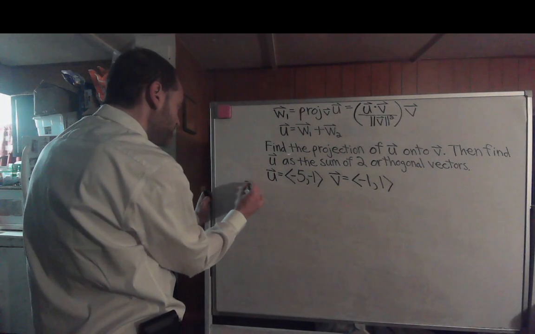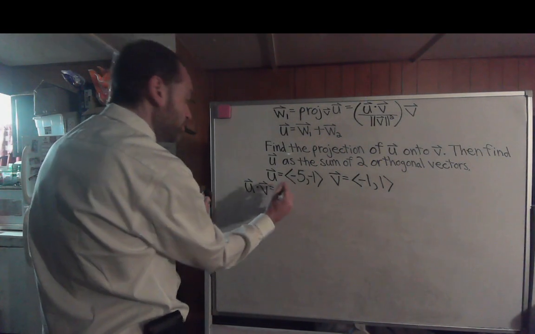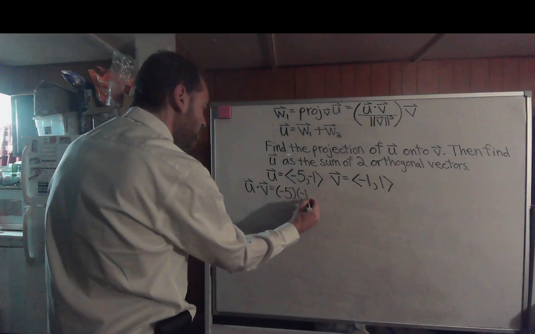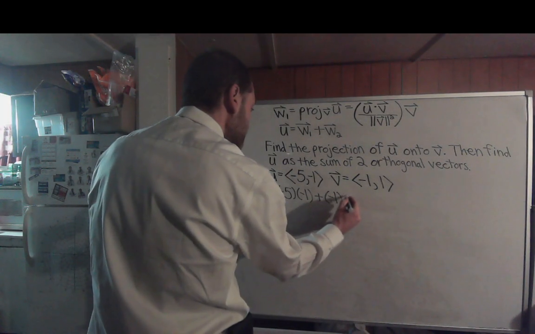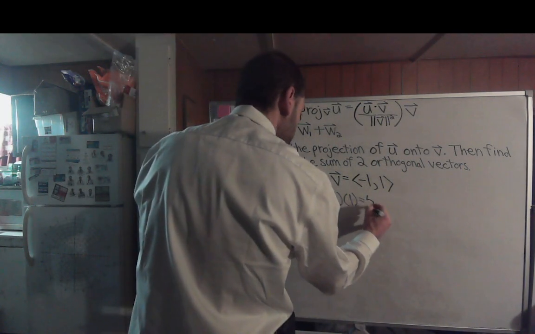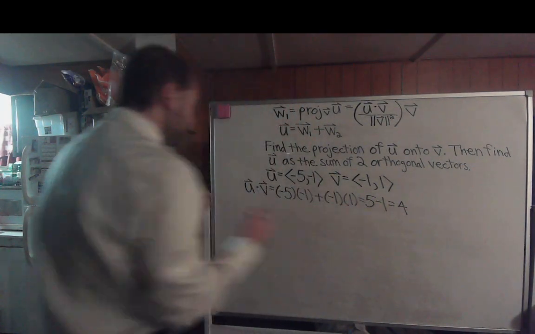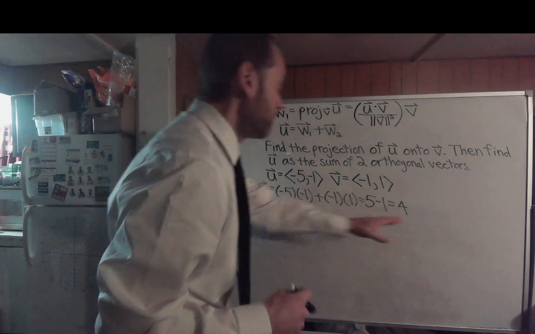So the dot product of u and v, that's going to equal -5 times -1 plus -1 times +1. So that's going to essentially equal 5 minus 1, which would be 4. So the dot product of u and v is going to be 4.